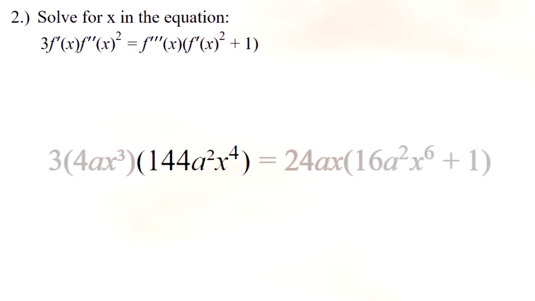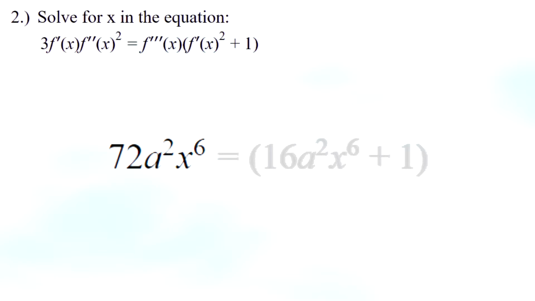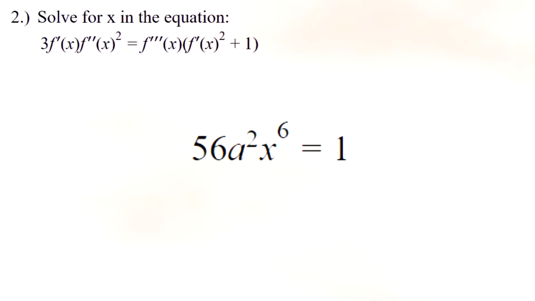The 144a squared x fourth can be divided by 24ax, where the left factor becomes 6ax cubed. Next, we multiply the 6ax cubed by the remaining left factors, where we have 72a squared x sixth. This then combines with the like term 16a squared x sixth, where they subtract to 56a squared x sixth.